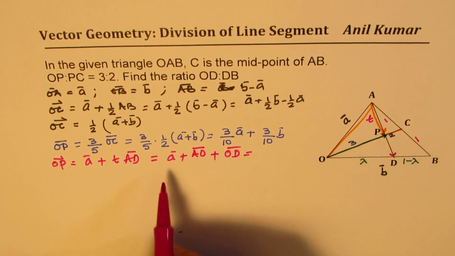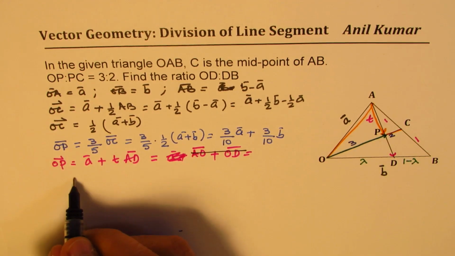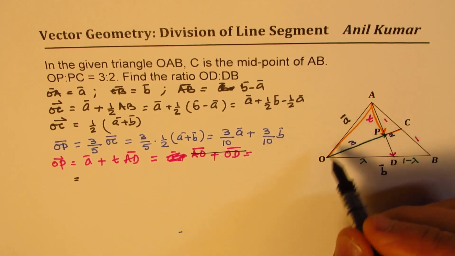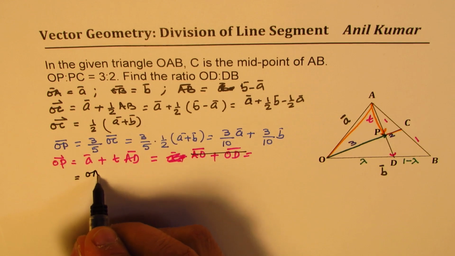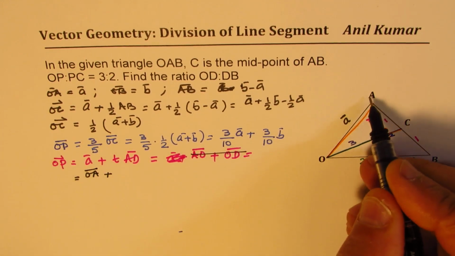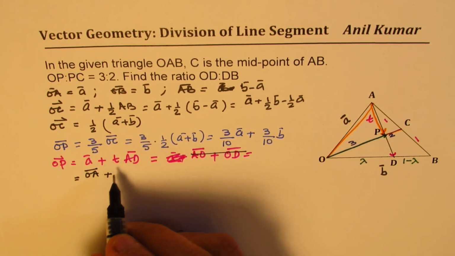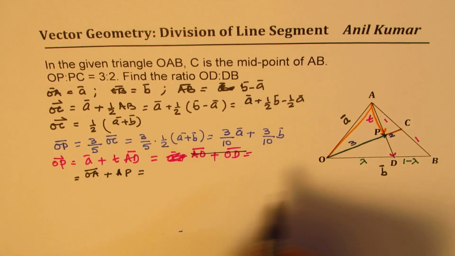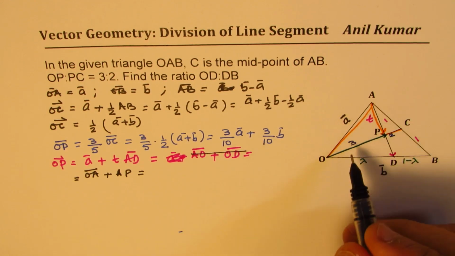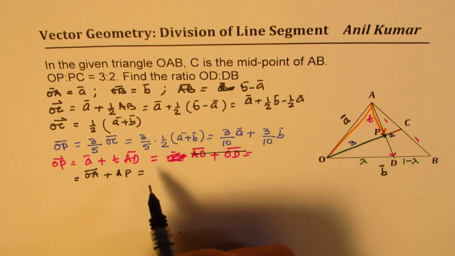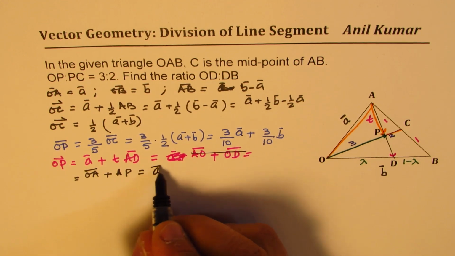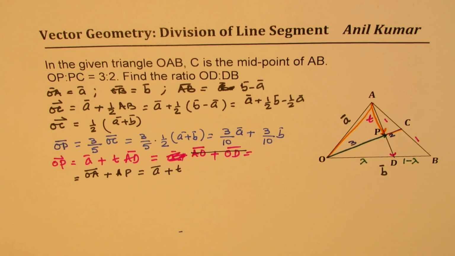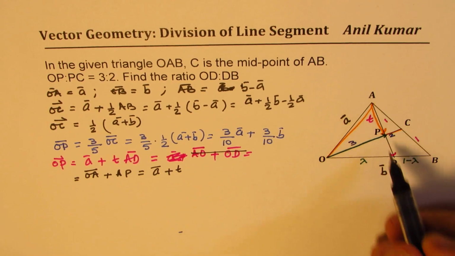So O to P will be OA plus AP, which is t times AD, right? So OA is A, and plus t times A to D we need to figure out. So let's find what A to D is.